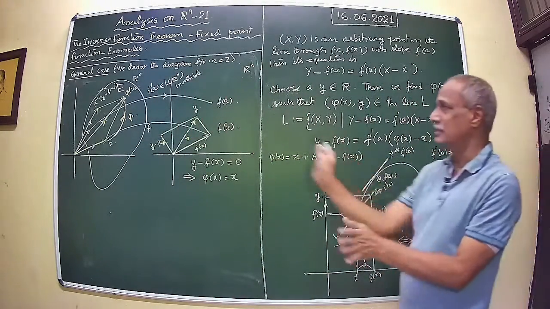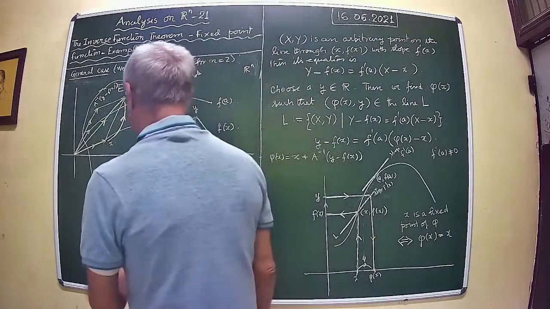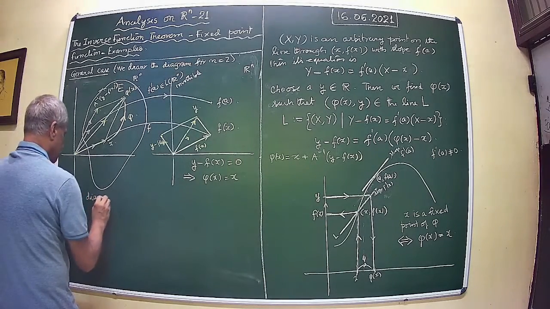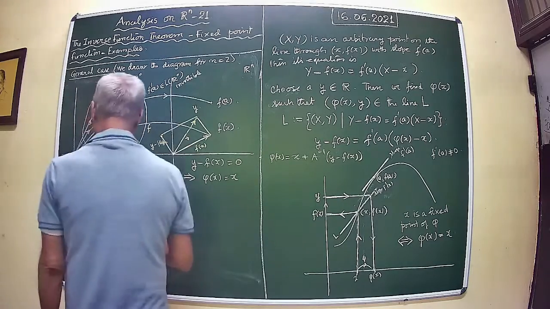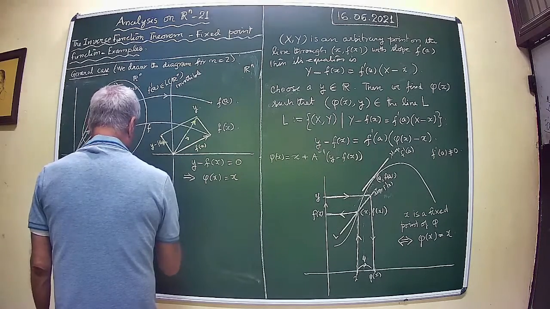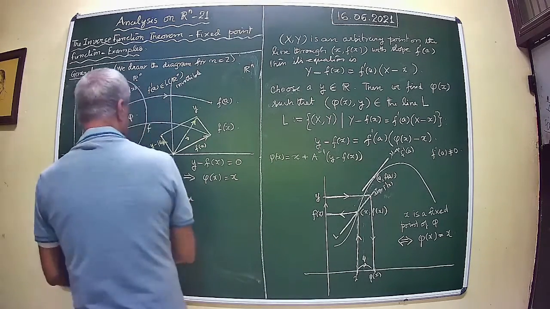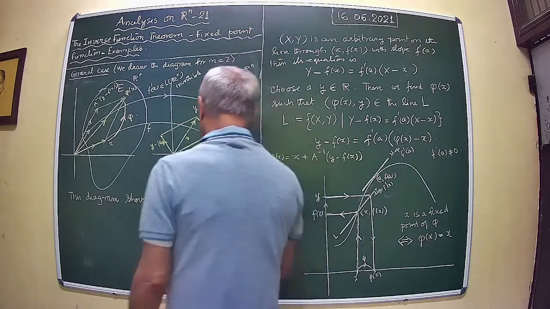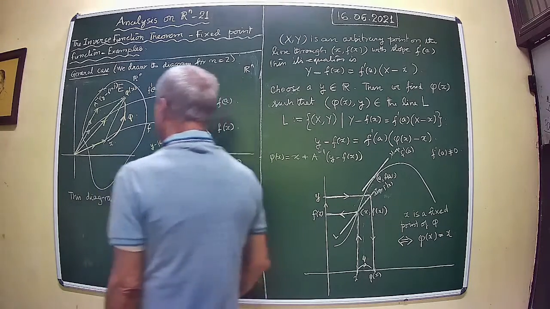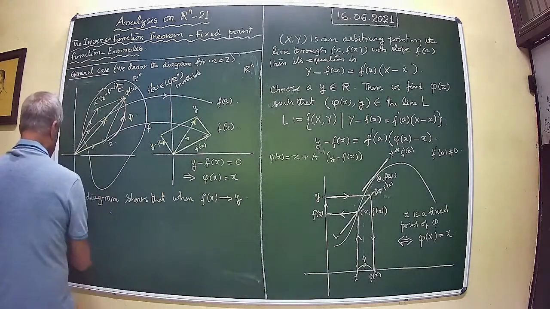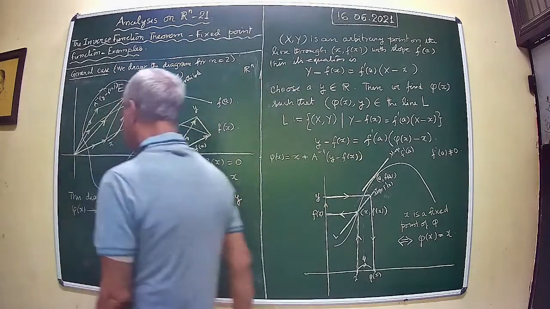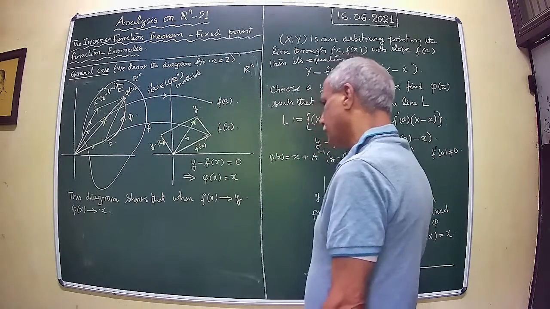Now this is the structure of the map. You get phi x equal to x.